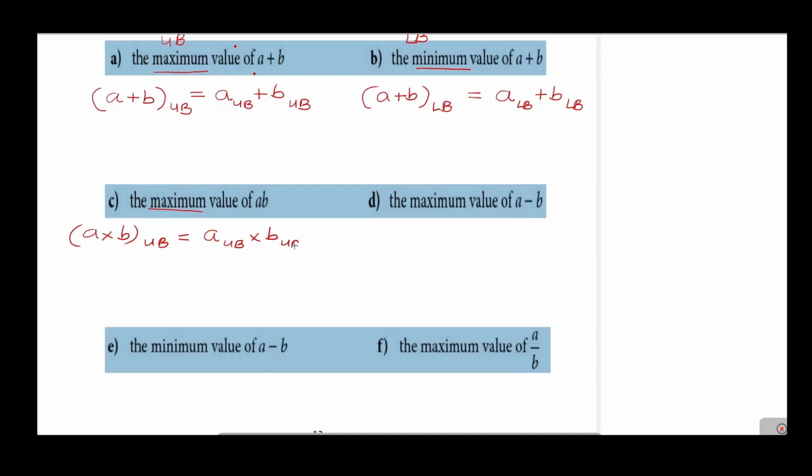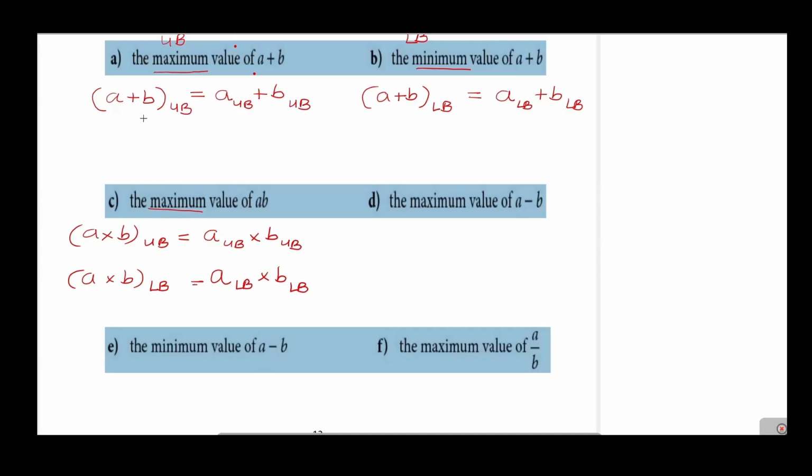Maximum possible answer, upper bound of A, upper bound of B. Let's say that you need to get the minimum. Then again, split it in this way, A into B, minimum means lower bound. Same way, A lower bound into B lower bound. Addition and multiplication is easy.